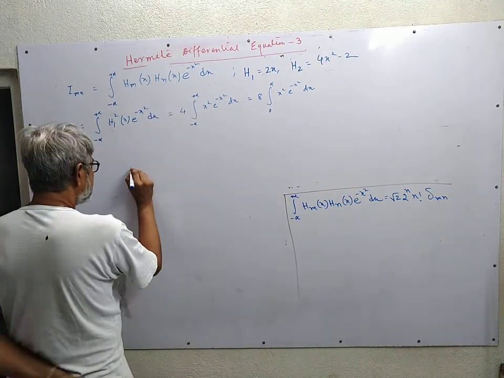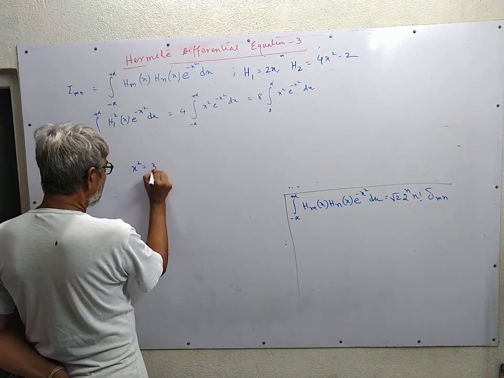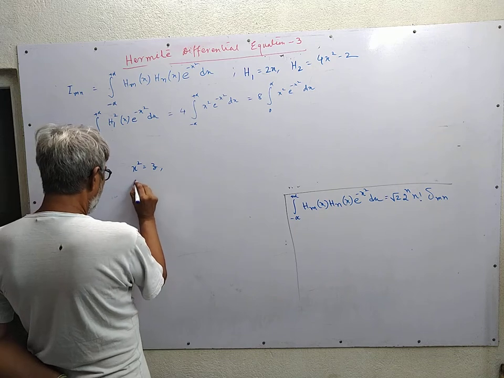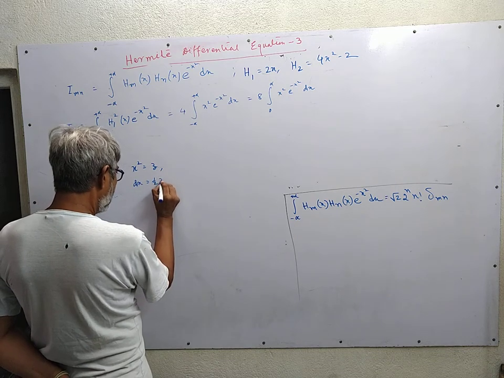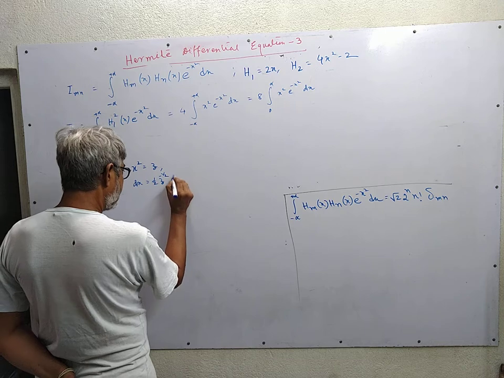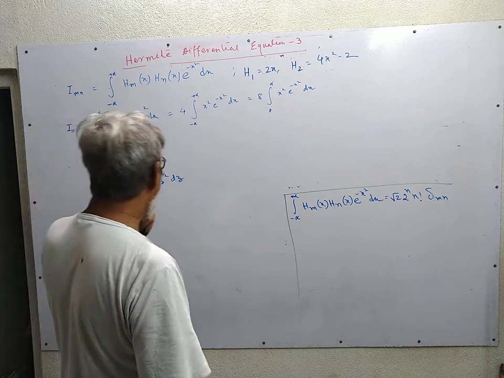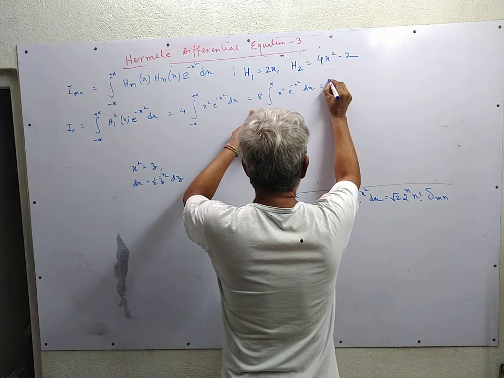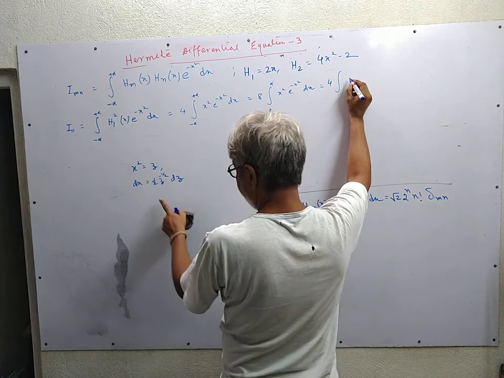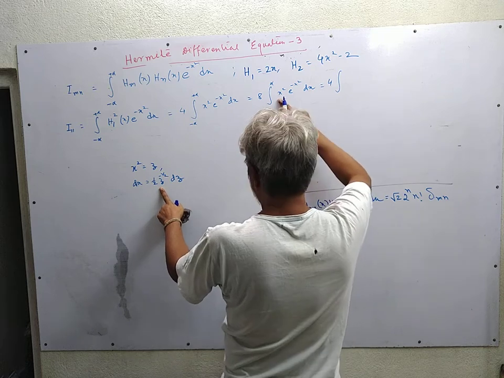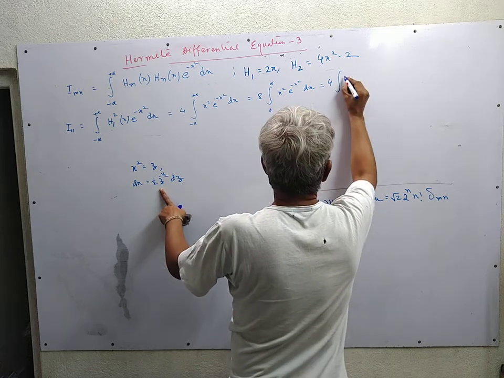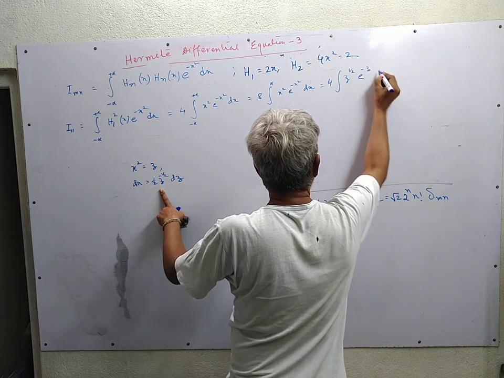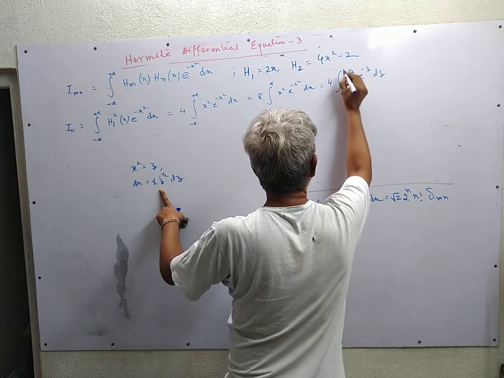We use the substitution that x square is equal to z, so that dx is half z to the power minus half dz. So this becomes 4 times the integral of z to the power half e to the power minus z dz from 0 to infinity.